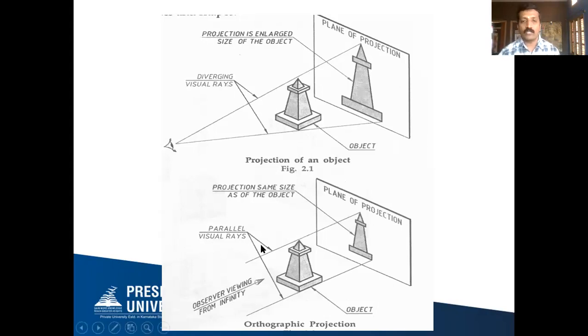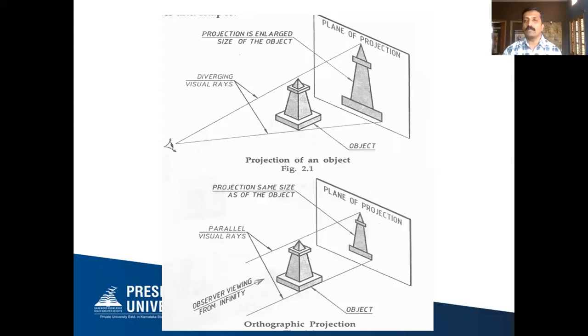Whereas in the orthographic projection, what is the condition I have given? After identifying the contour endpoints of the object, while drawing the projector lines, see to it that all the projector lines are parallel to each other. This is very, very important. And the projector line meeting the particular plane of projection is perpendicular to it.